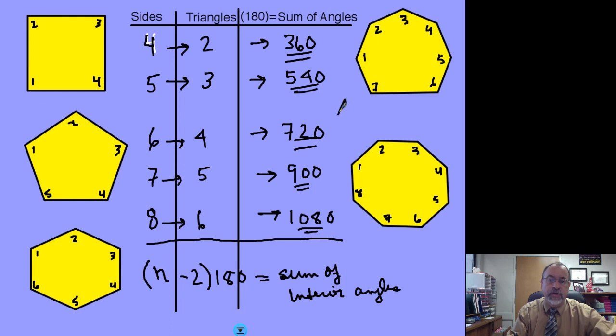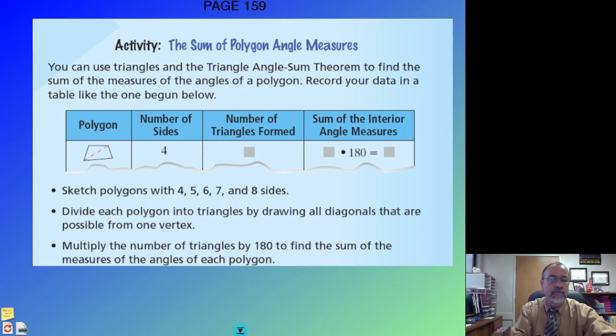And we already know that a triangle, 1, 2, 3, always adds up to 180. And that actually fits this too. If you took the number of sides 3, minus 2, would be 1, times 180 gives us 180. So this is the polygon angle sum theorem then.